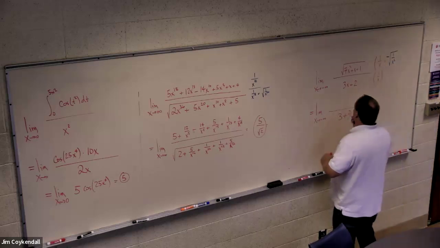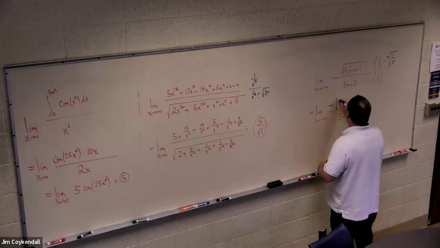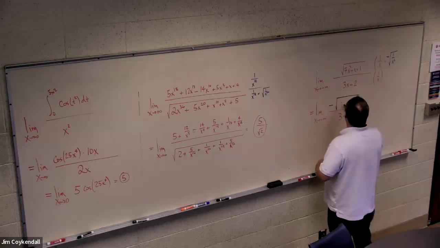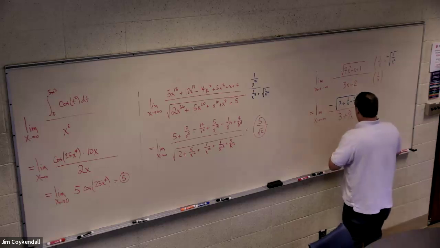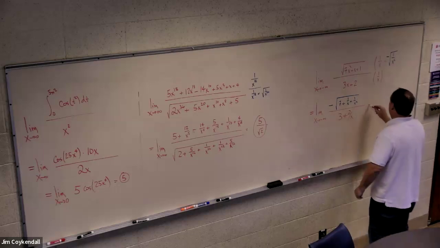So when you multiply this through, you get negative 7 plus 1 over x plus 1 over x squared. And this comes to negative 7.